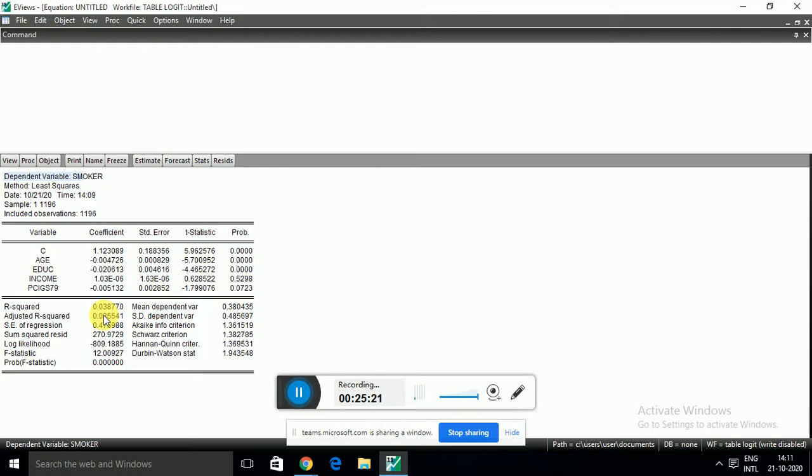And let's assume that Kuldeep's age is 23. Even for Kuldeep, it tells me that if he turns from 23 to 24, his probability of quitting smoking is also reduced by 0.004%. Now that is a very wrong assumption.